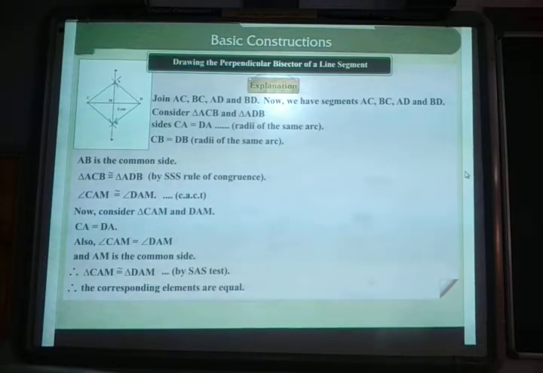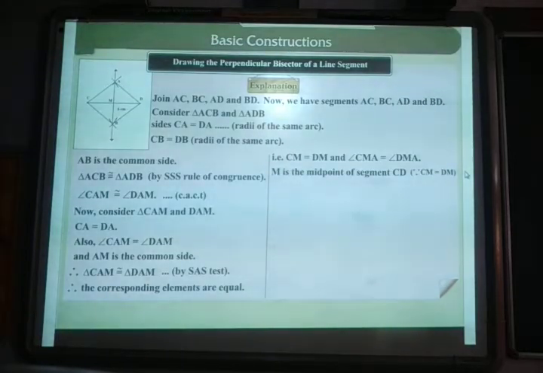Therefore, the corresponding elements are equal. That is, CM is equal to DM and angle CMA is equal to angle DMA. Since CM is equal to DM, M is the midpoint of segment CD.